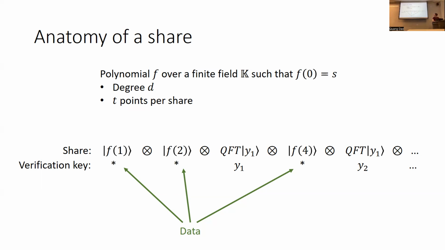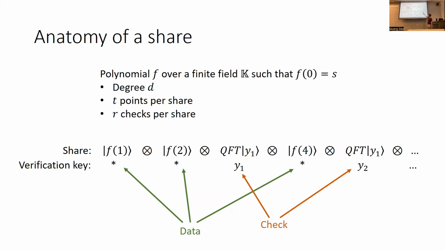Now, you might notice that mixed in with these evaluations are some things that are not evaluations. These pieces are going to act as the check positions. And what they are is a random value which is encoded in an incompatible basis. In this case, it's the Fourier basis.